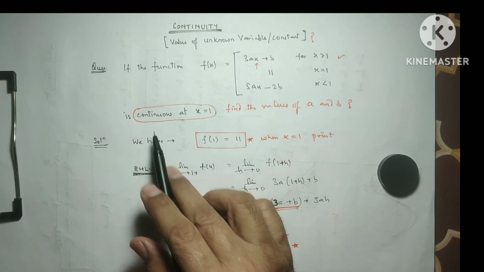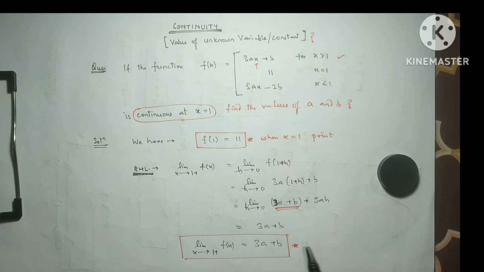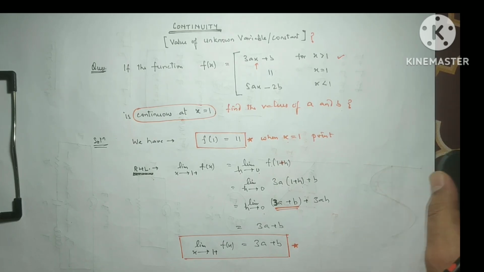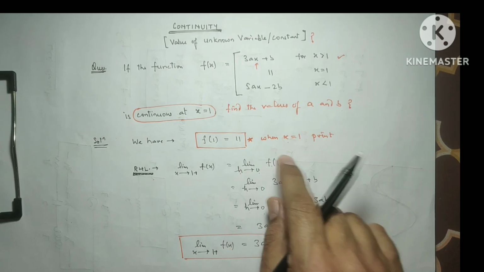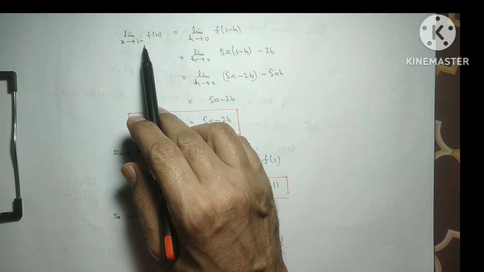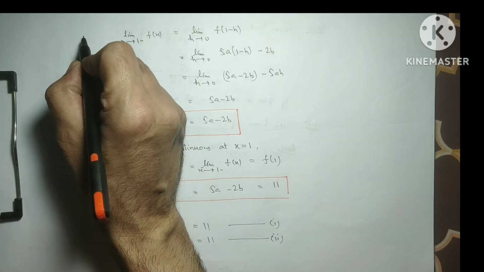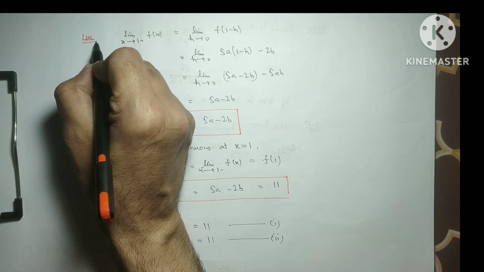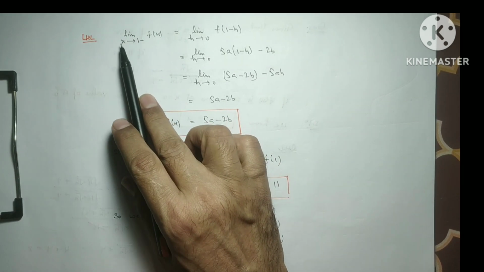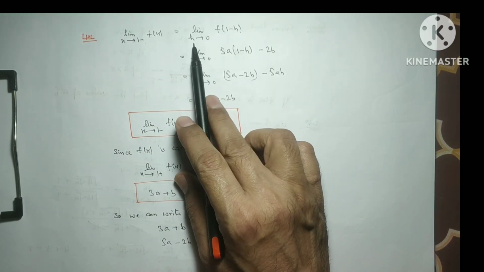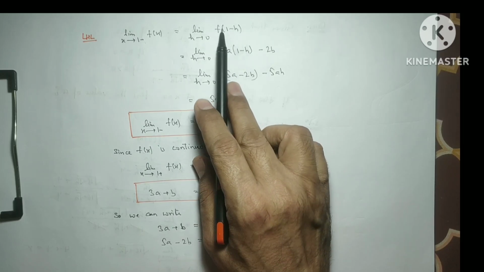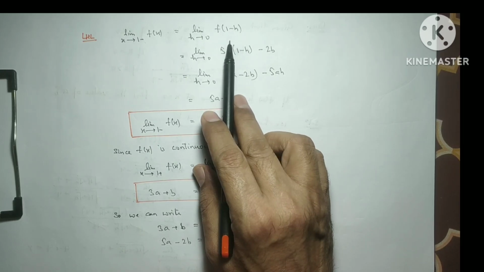For the continuity we will collect the left hand limit also. The function should exist. If the function exists, then the right hand limit and left hand limit both should be equal to f(a). Now this is the left hand limit. For the left hand limit we apply limit x tends to 1 minus of f(x). So it is limit h tends to 0, f(1 minus h). We place 1 minus h in place of x.